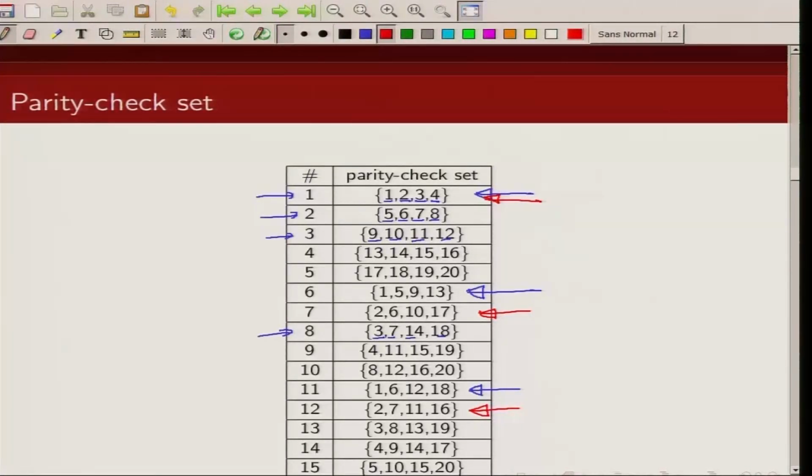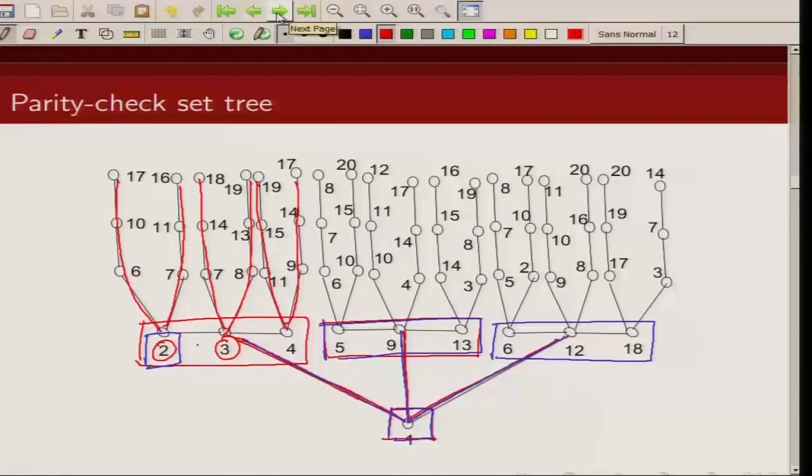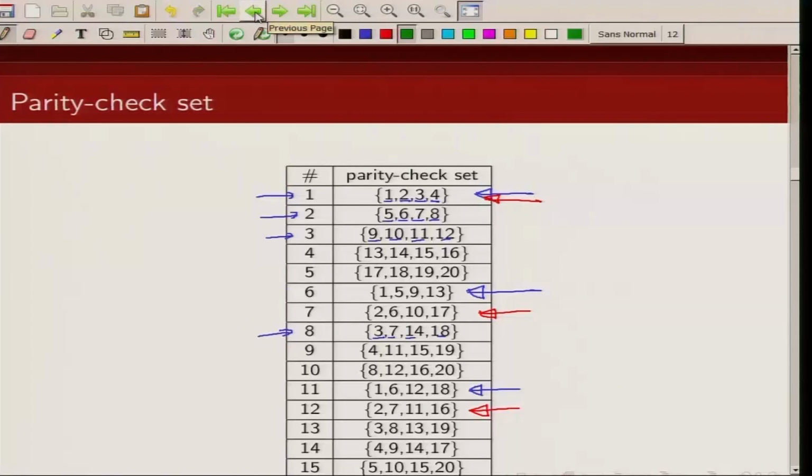Now, this 2 appears with parity check set 1, this is already captured here. So what are the other 2 parity check sets? One is this, other is this. So 2 appears with 6, 10 and 17.